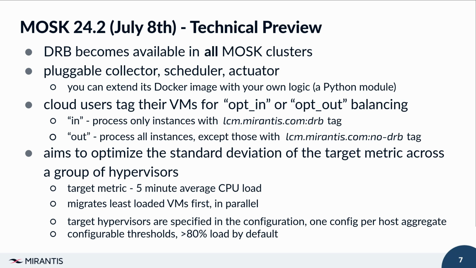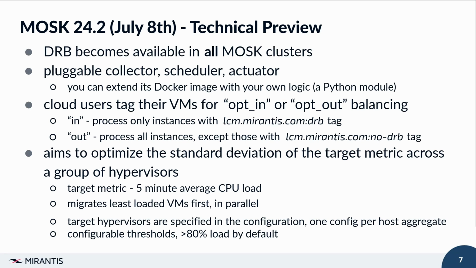So if you just provide an empty config, it will start picking up all the virtual machines that you have in the cloud and making decisions about optimizing them. The default implementation of the collector, scheduler, and actuator components tries to optimize the standard deviation of the 5-minute average CPU load on the hypervisors.